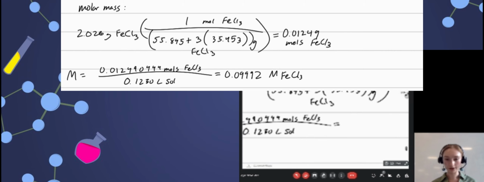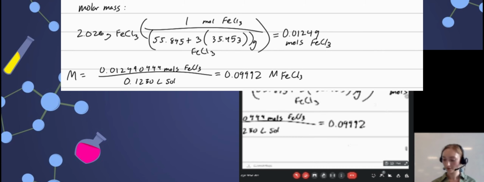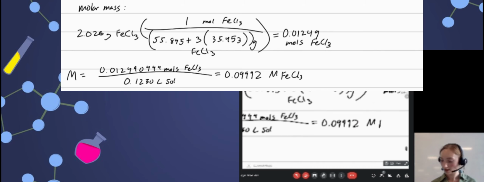And so we will get a molarity of 0.09992 molarity of iron chloride.